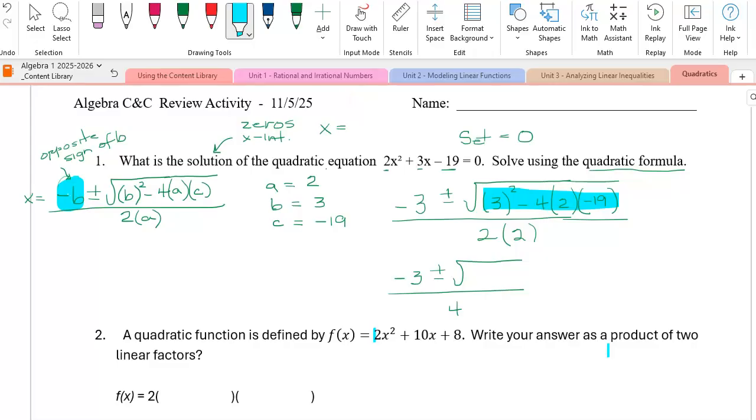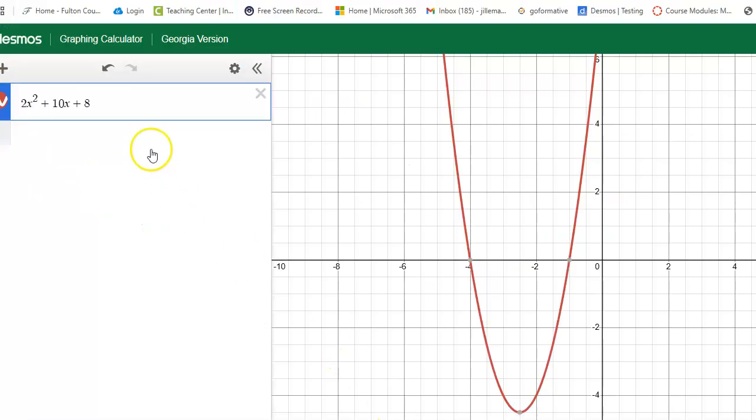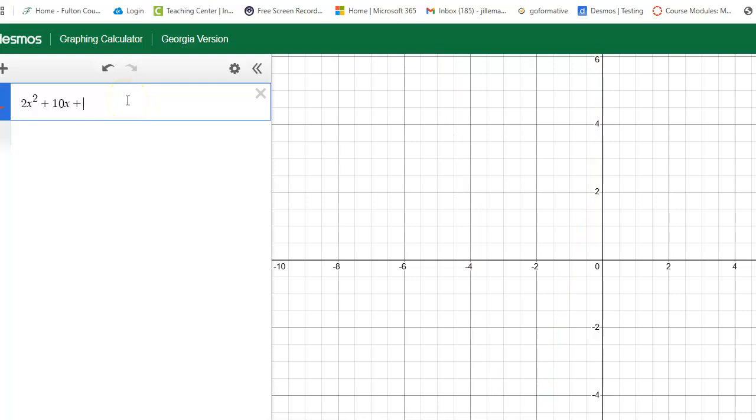So we're going to go to Desmos and we're going to type in, let me get rid of this, parenthesis 3 parenthesis squared minus 4 parenthesis 2 parenthesis negative 19 parenthesis. Be careful, that negative needs to be there.